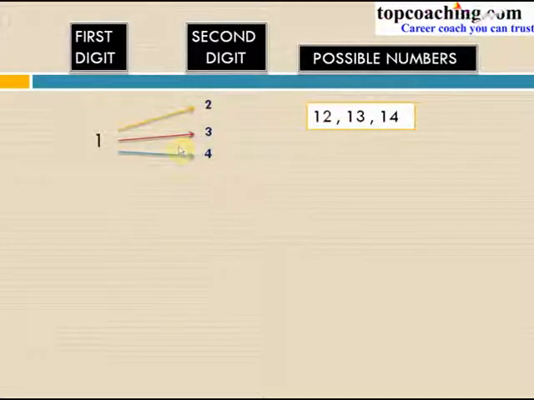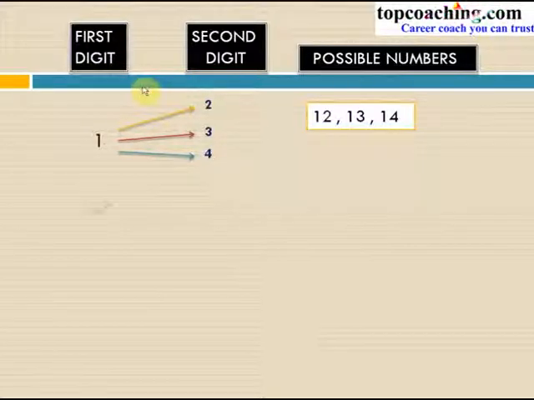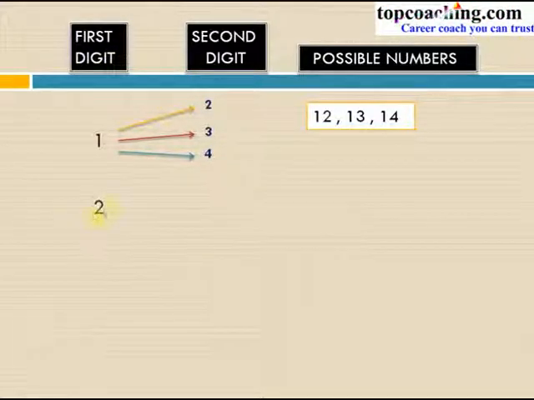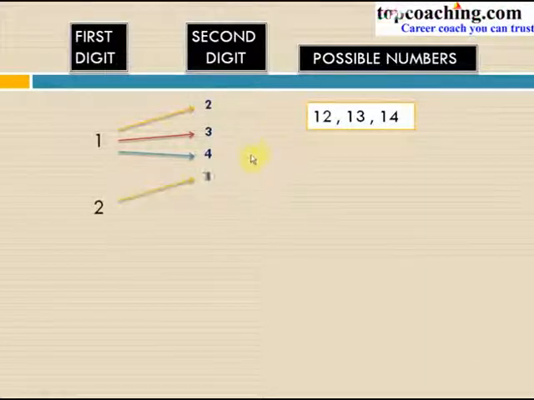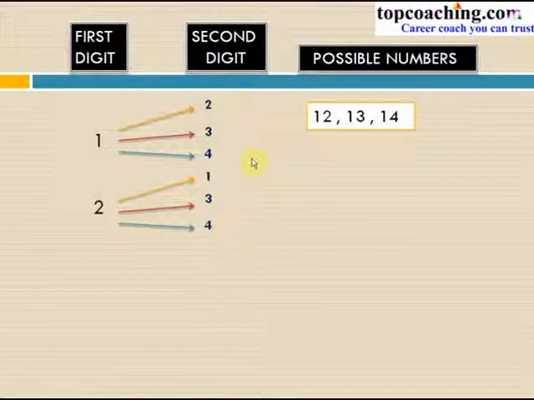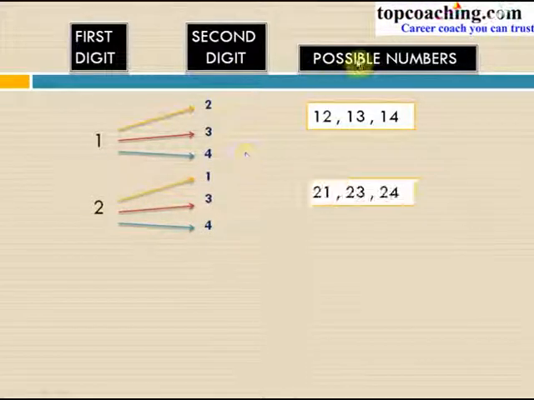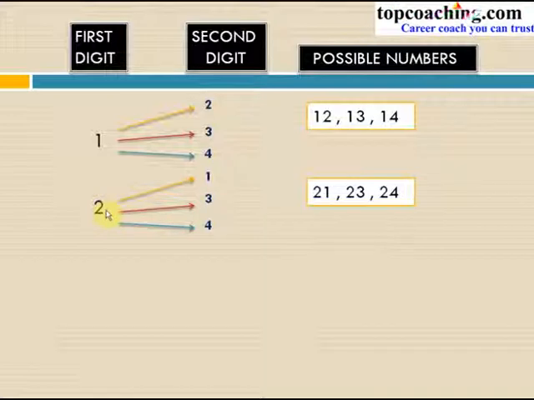Now it was a case when we took first digit as 1. Now let us assume that the first digit is 2. Now again there are 3 possibilities of filling the second digit. 1, 3 and 4 could be filled in the second digit, and again we have got 3 numbers which begin with 2 and end with either 1, 3 or 4, and they are 21, 23 and 24.